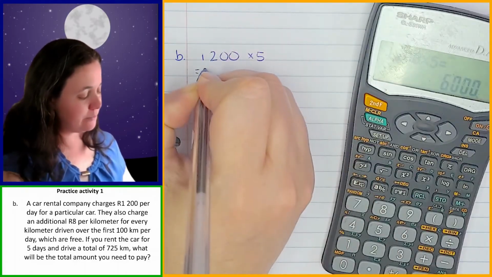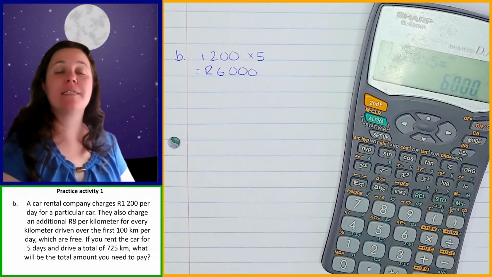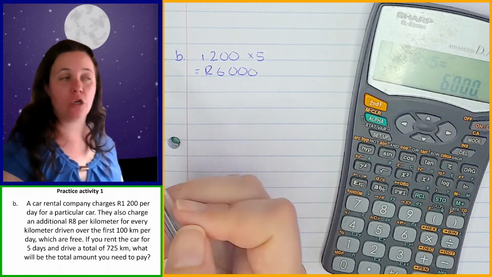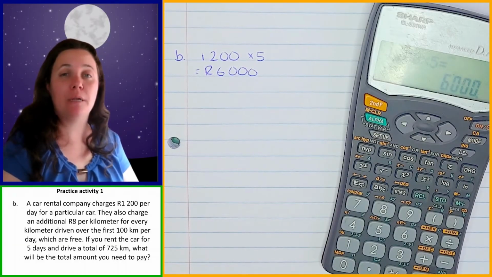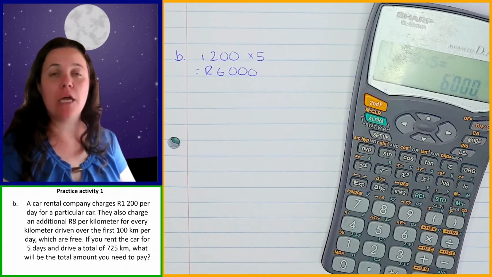So that means that if you don't actually drive the car, or if you stay within the limit of 100 kilometers per day, then this is how much it's going to cost you to rent the car. However, this person did not stay within the limit of 100 kilometers per day. They drove 725 kilometers.